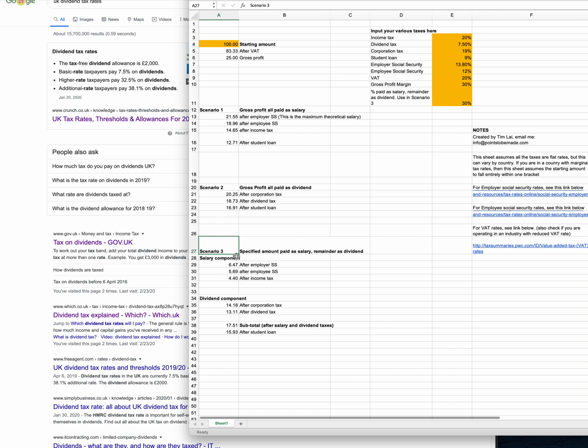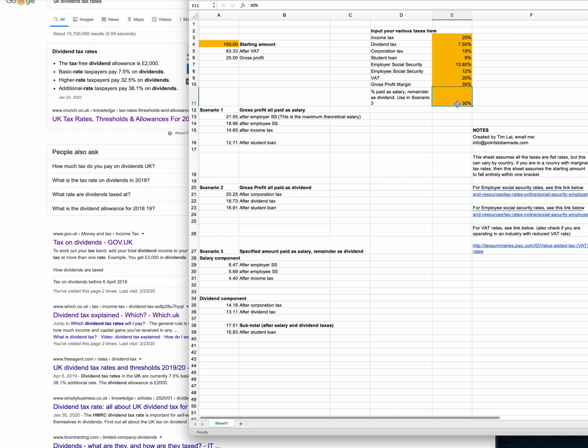Now, the interesting one: if we look at a partial takeout as a salary and partial as a dividend, so you have to split the earnings. I've split this so that I've got 30%, but if you play around with the numbers, do look down here as well as I play around with this percentage.